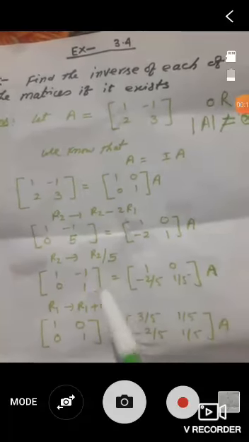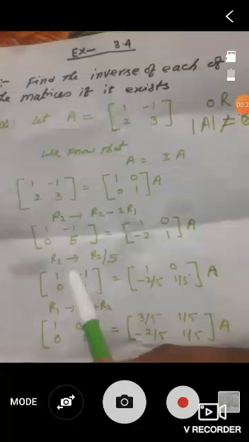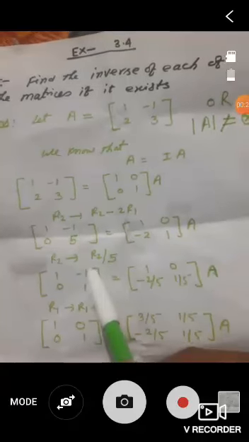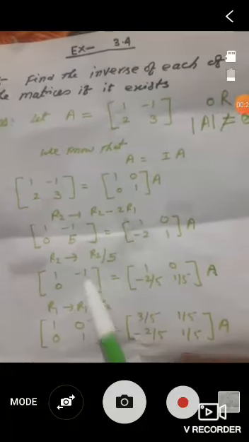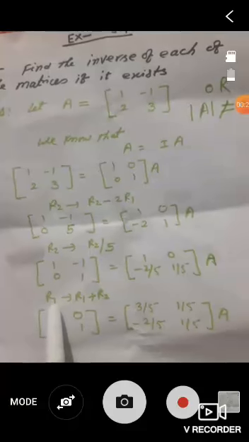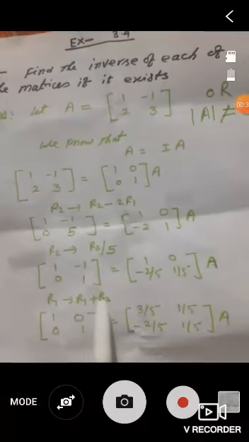Now I have to convert the first row second element into 0. For this I will apply the operation R1 changes to R1 plus R2.